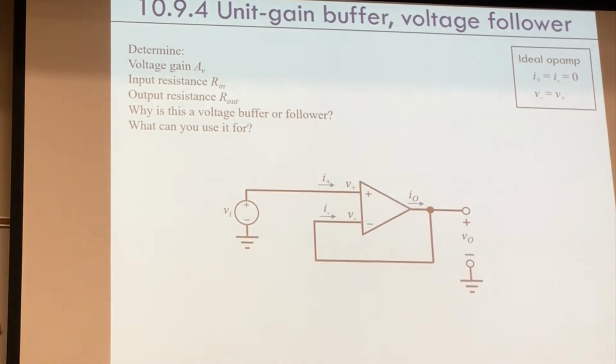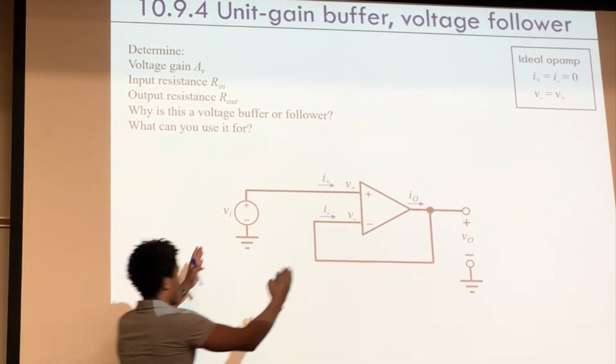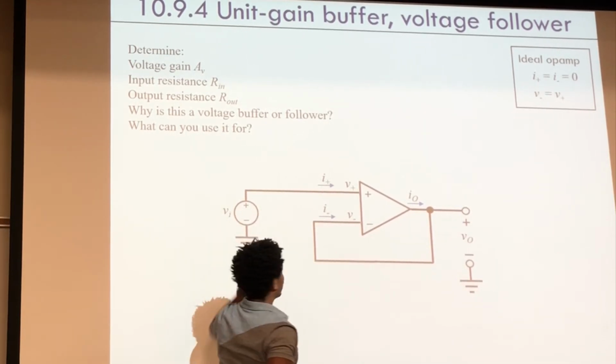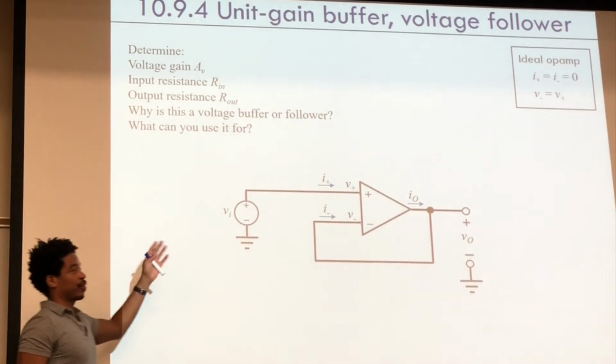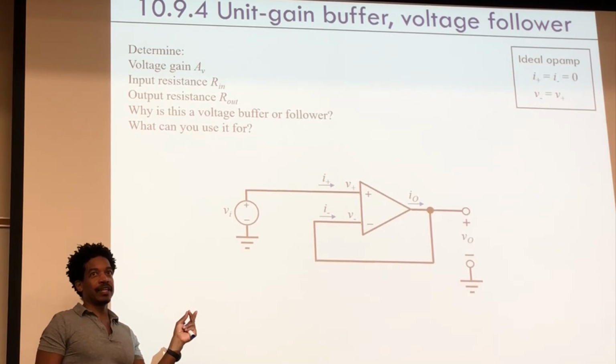Before we do the gain, you can just see what was happening here. If this was a black box and you apply some voltage here, how much current is going to go through this voltage source? Zero, right? Our original equation: if current is 0, your ratio of voltage over current, anything over 0, is going to be infinite.